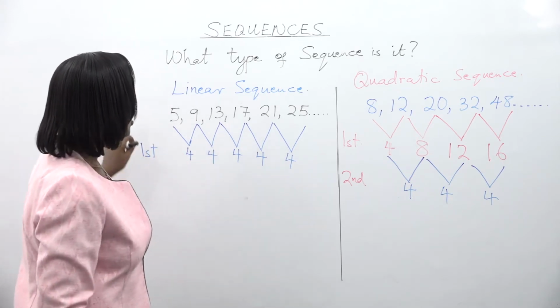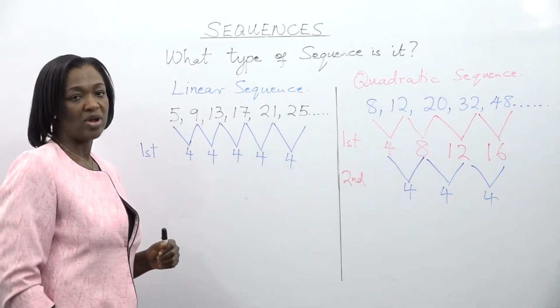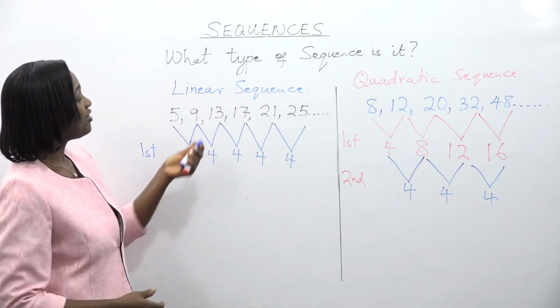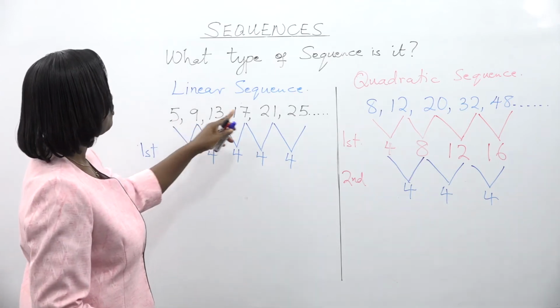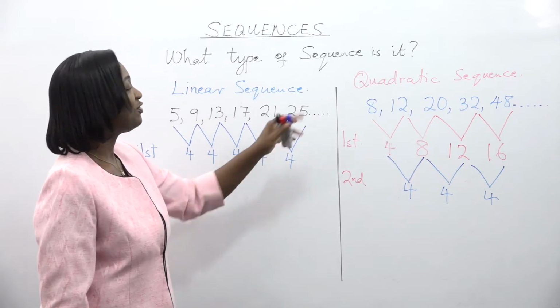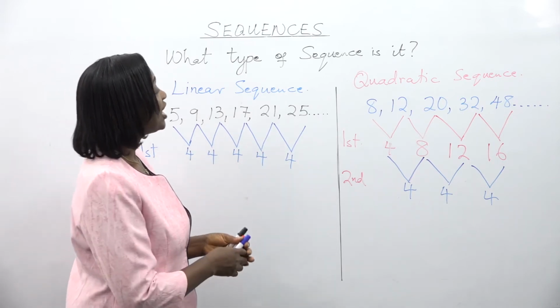So for example, in this sequence, if we want to find the next two terms of the sequence, we simply add 4. So if I ask you to find the first 7 terms, we have 1, 2, 3, 4, 5, 6. The 7th term of the sequence is 25 plus 4, and that is equal to 29.